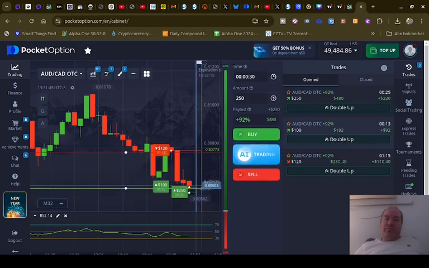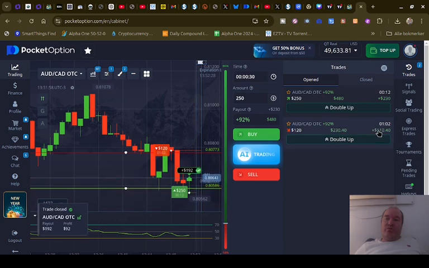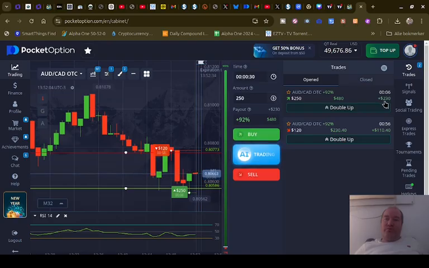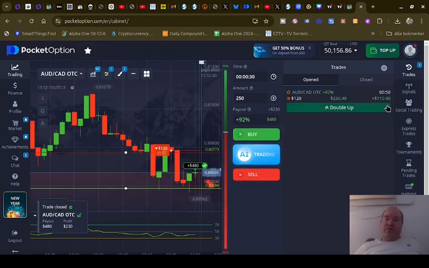Looks like we're going to win all. 10, 8, 7, 6, 5, 4, 3, 2, 1. We won the first bonus trade. Now let's see the second bonus trade. We are winning that one also. There, and now we are waiting for the first trade.